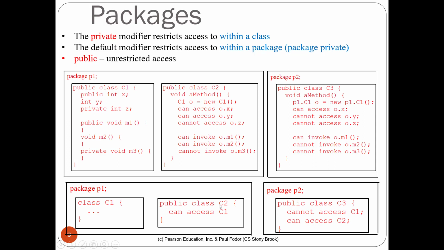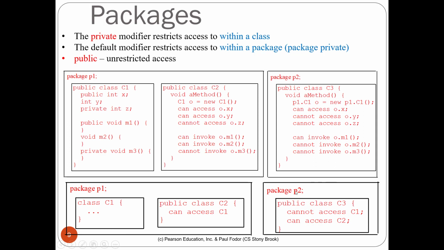Now what are we doing in class C2? Class C2 is public, so that's good news. In public class C2, we are checking whether I can access C1. Yes, you can. Why? Because you're in the same package and C1 is package private. So as long as your class is in P1, here or somewhere else in P1, you can access C1.